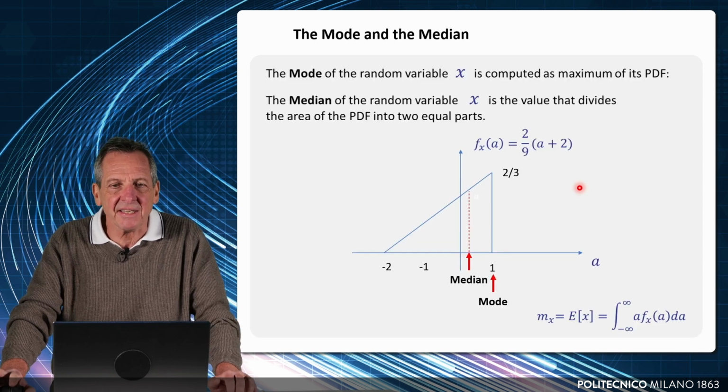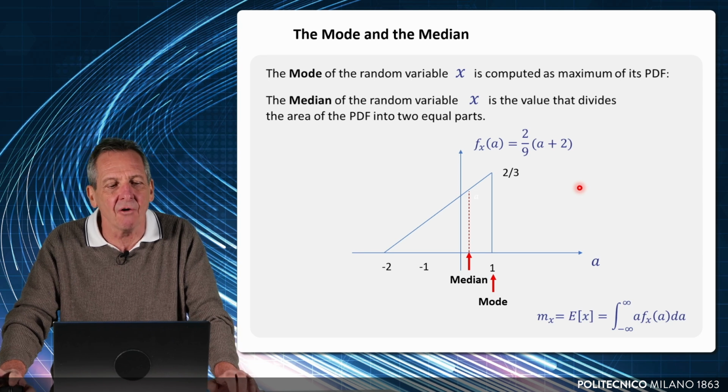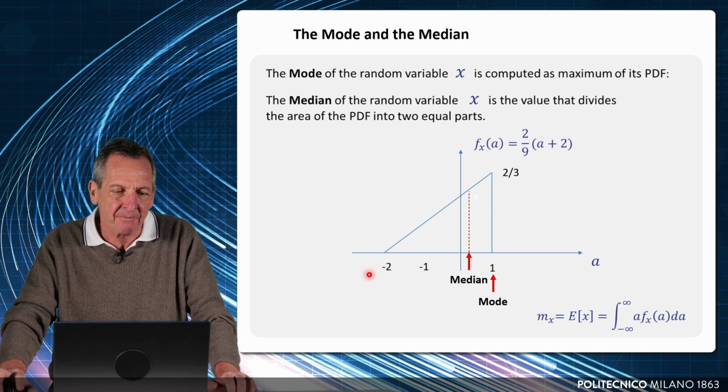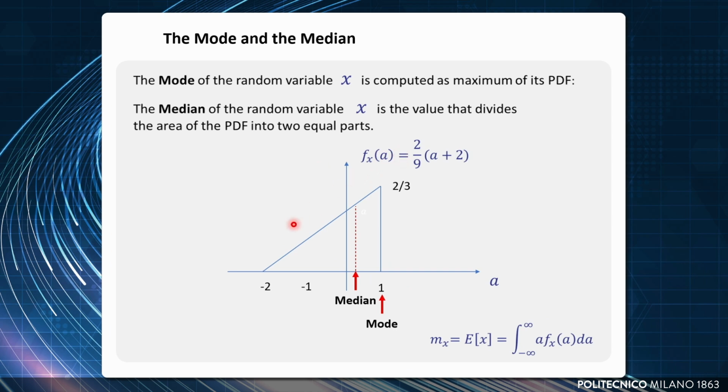Just to give you an idea of the difference between mean, median, and mode of a probability density function, look at this function here, a probability density function that is linear from -2 to +1. The mean of this probability density function is 0. The mode is the value 1 that corresponds to the highest value of the probability density function.